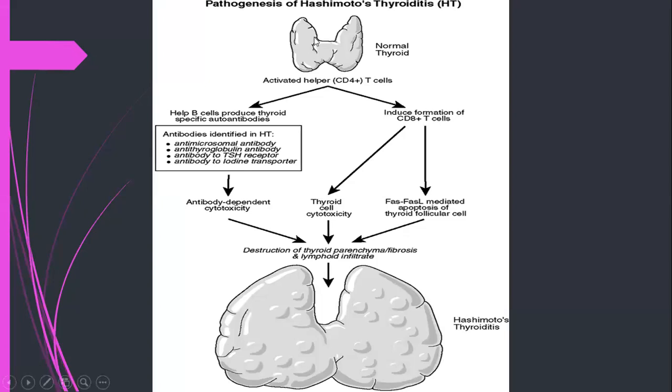So normally, this is your normal looking thyroid gland.